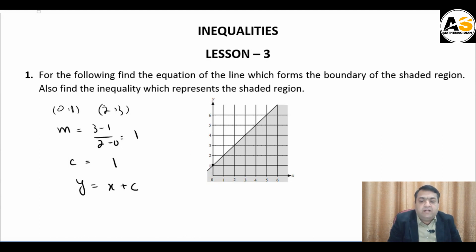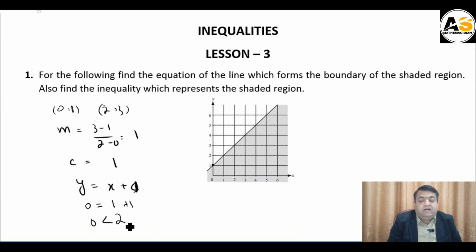Next, we are asked to find the inequality which is shaded over here. Refer to our second lesson. Pick any point. I am picking 1, 0. Put x is equal to 1, y is equal to 0. 0 compared with 1 plus 1, that is 0 is less than 2.